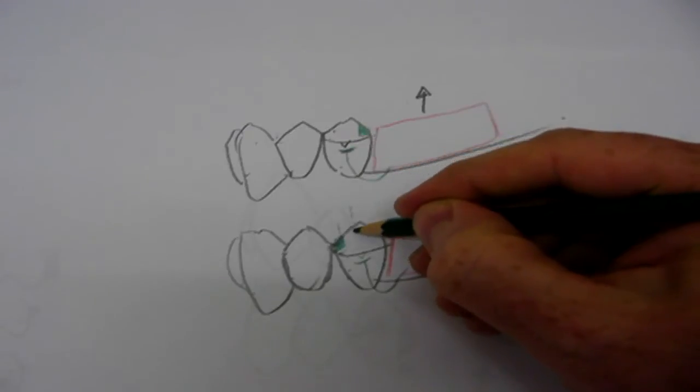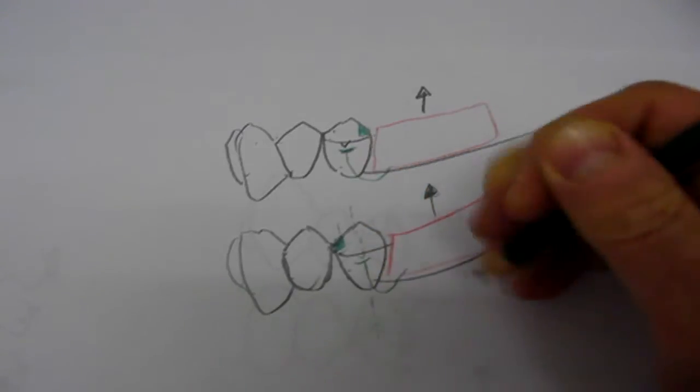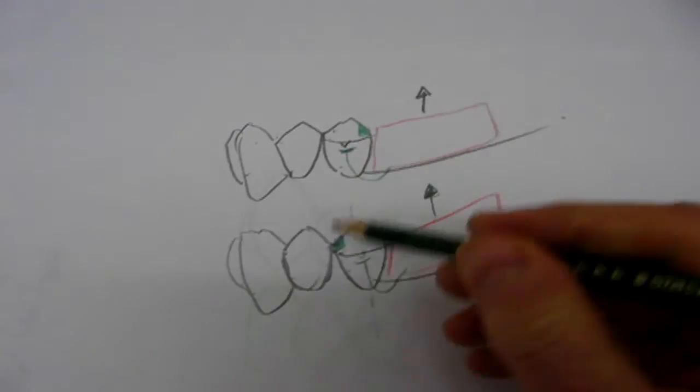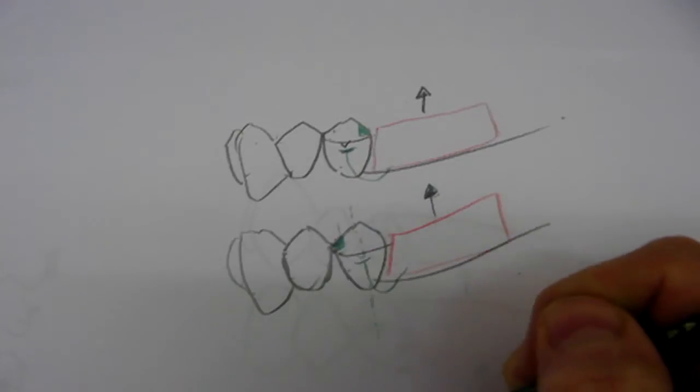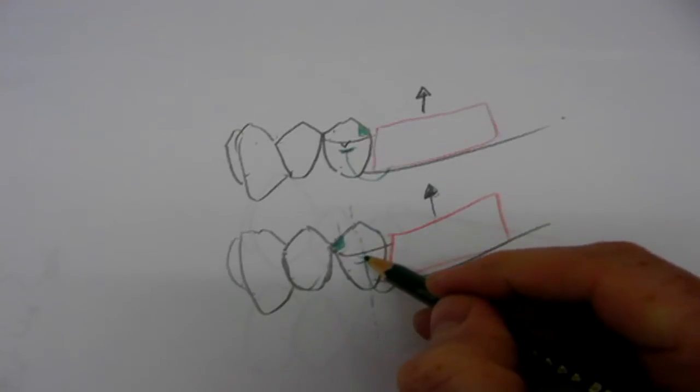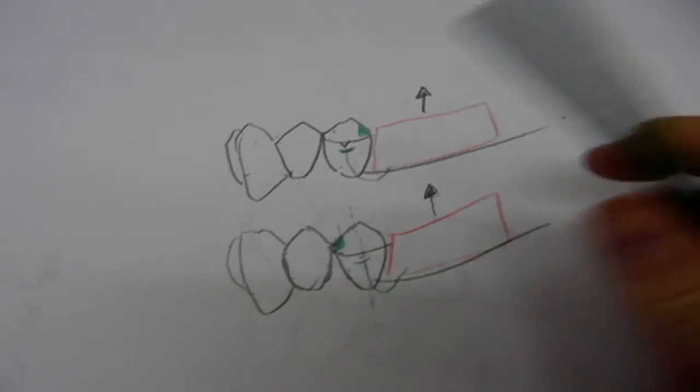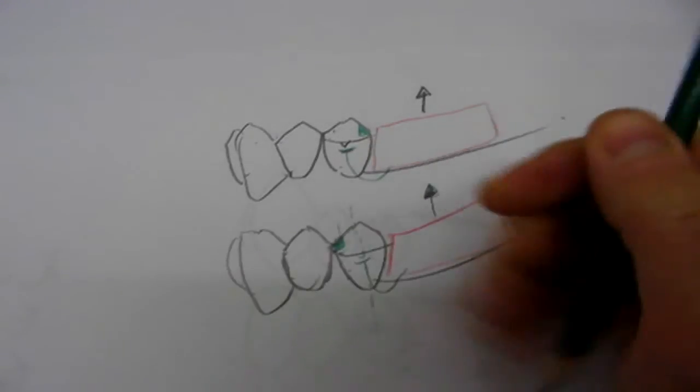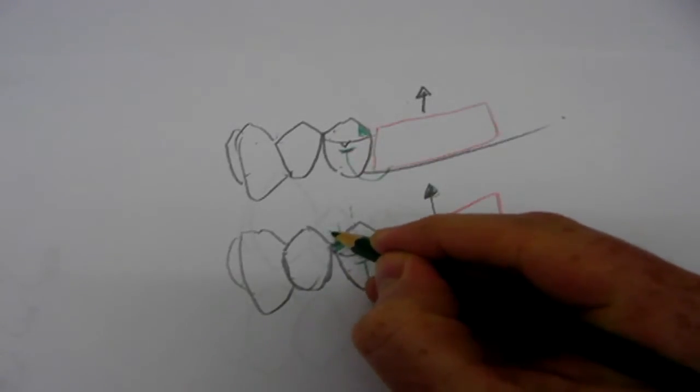So the denture is going to rotate about that axis there, and it can't because this occlusal rest is on top of the tooth.